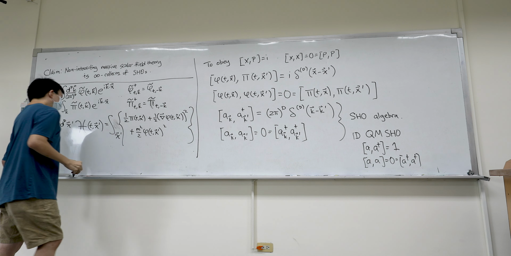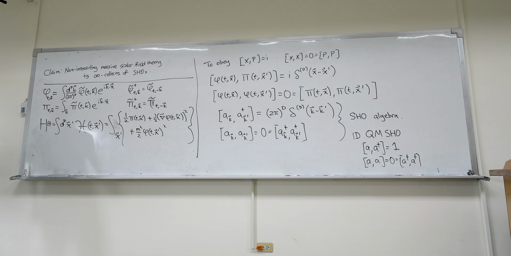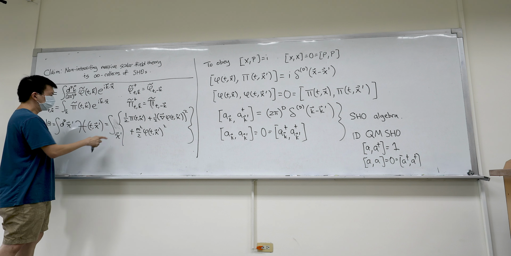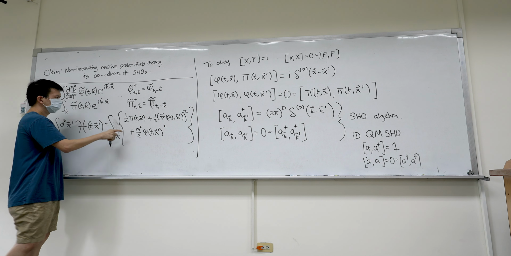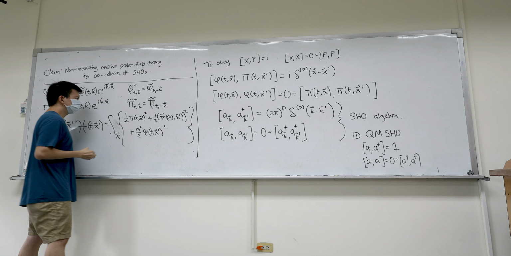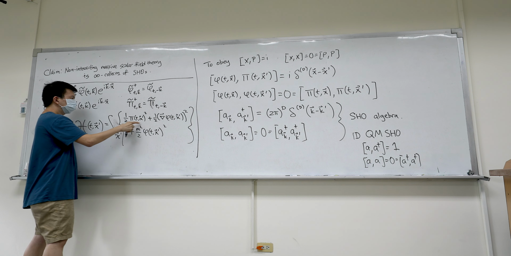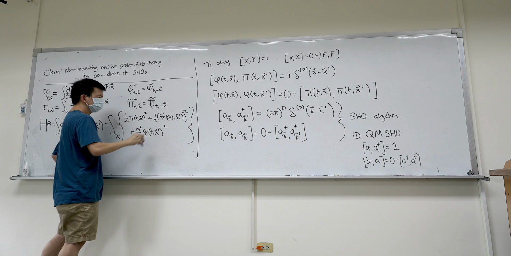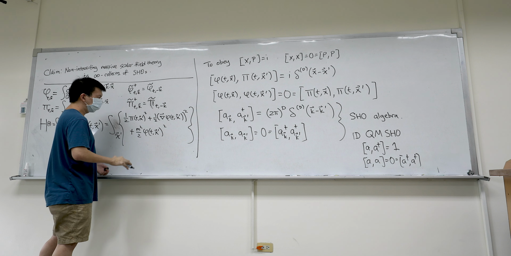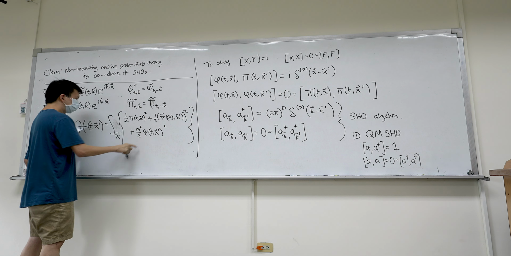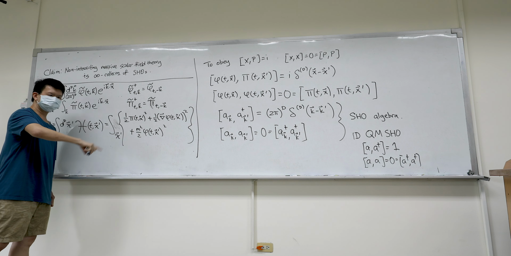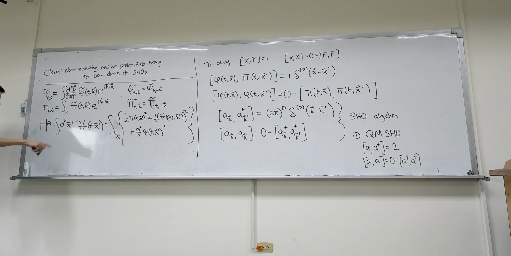So kinetic energy plus the shear energy, energy from gradient, plus potential energy. In this case, the potential is just a mass term. It's a parabola.